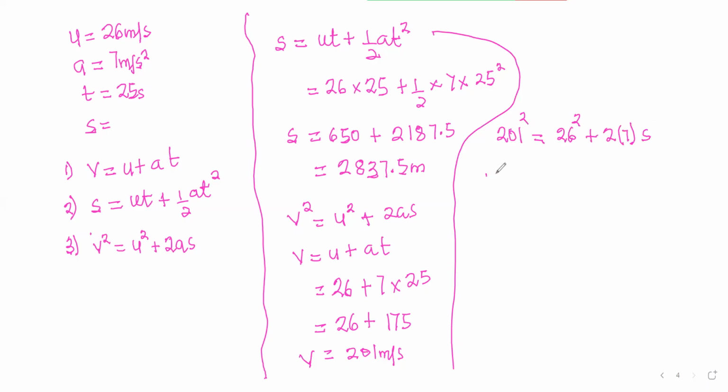So we have 14S is equal to 201 squared minus 26 squared. Class, help me find S. Quickly finish it and then give me the value of X.